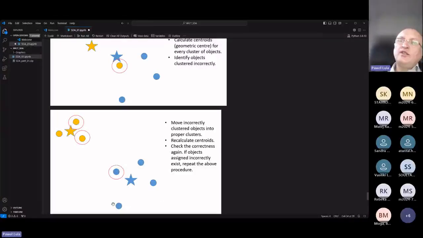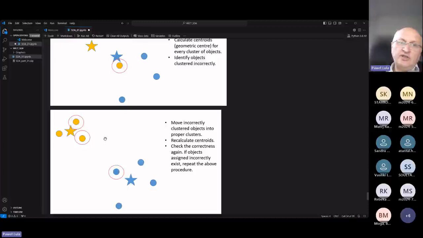And now we have this situation. For this situation, we should calculate new centroids, and after it, again, we should check the correctness of the assignment for every object.